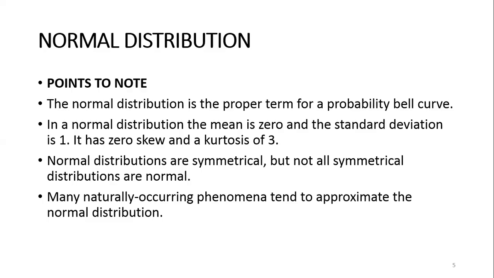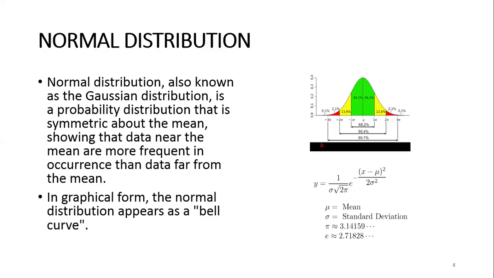When you say symmetrical, what do you mean? What we mean is, if you cut this figure into 2 parts, the left side and the right side will be exactly the same thing. That's what we mean by being symmetrical.